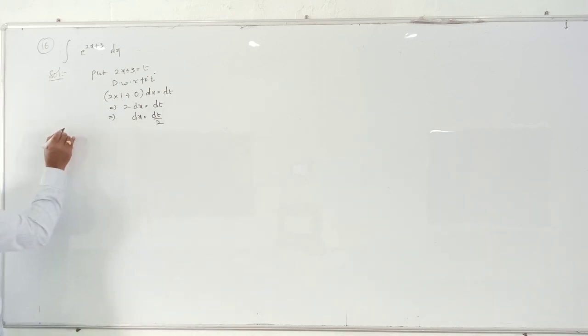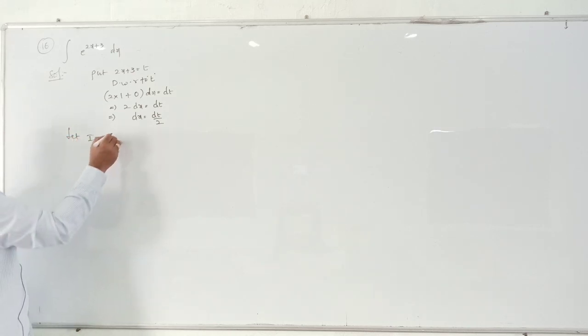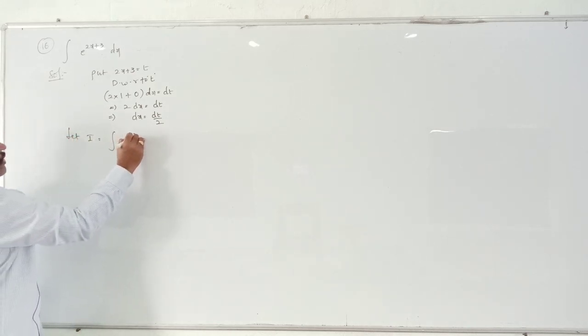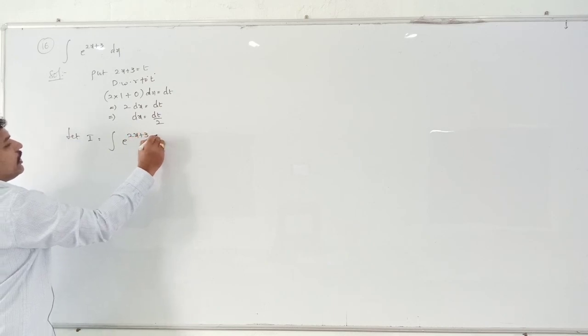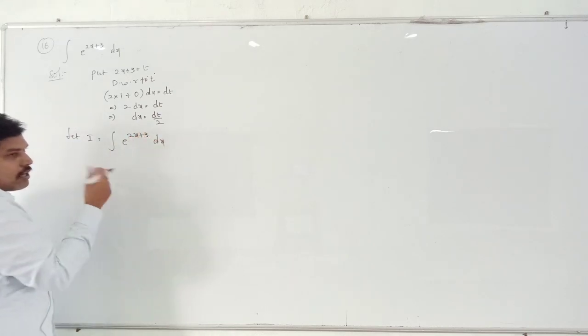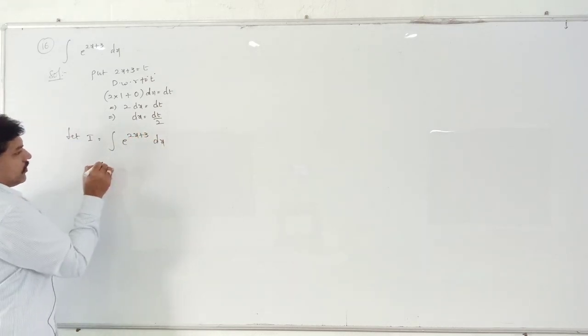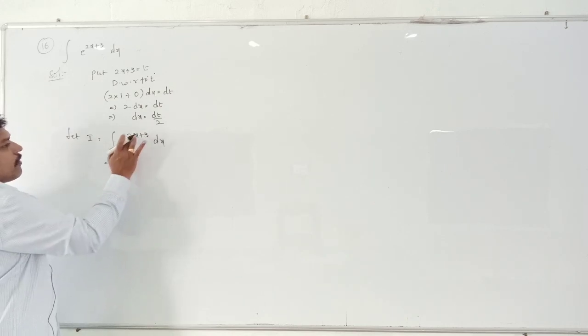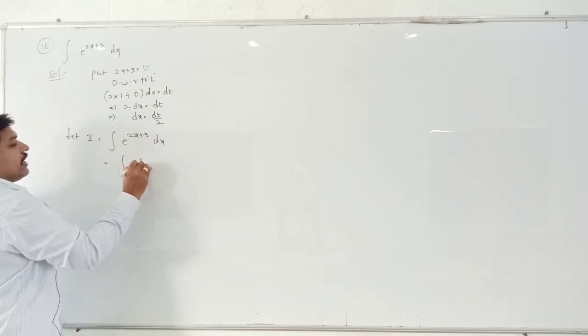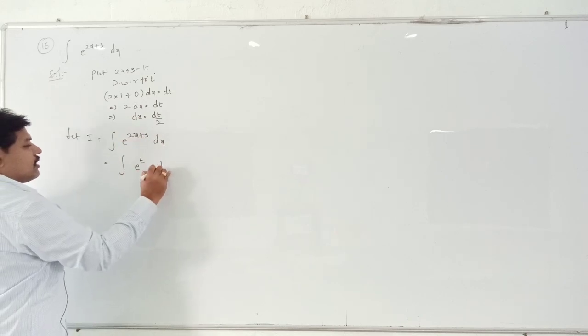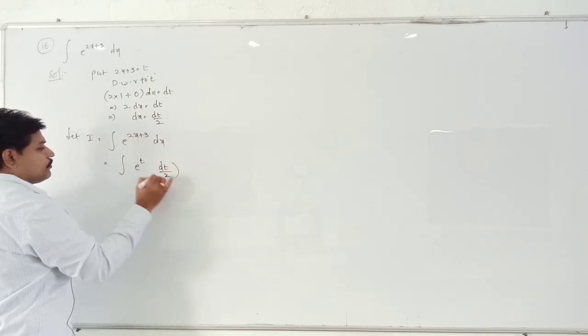So take the problem here. Let I is equal to integral of e power 2x plus 3 into dx. So that is equal to integral of e power, 2x plus 3 value is t, into dx value is dt by 2.